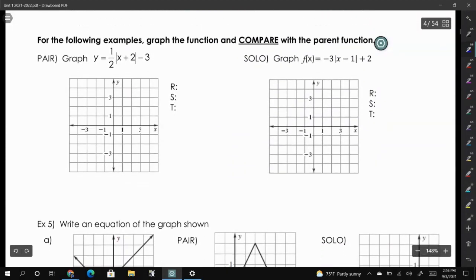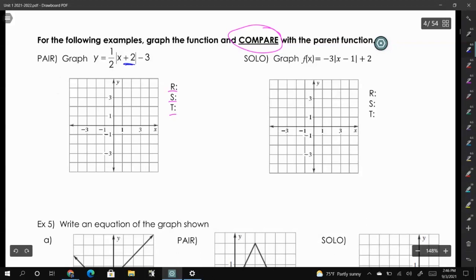And when I ask you to compare now, I am going to be expecting to see R for reflection, S for shrink or stretch, and T for translation. Now, if a particular problem doesn't have a translation, a shrink or stretch, or a reflection, then you can just say none.